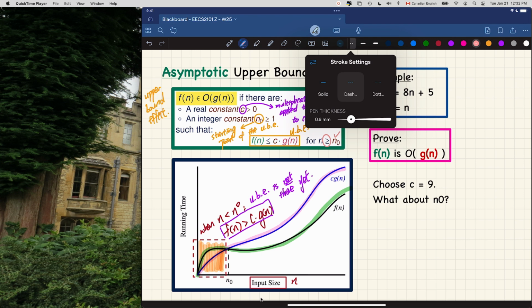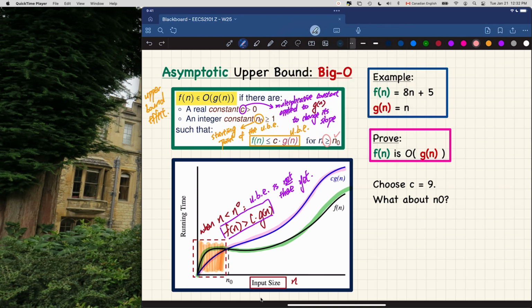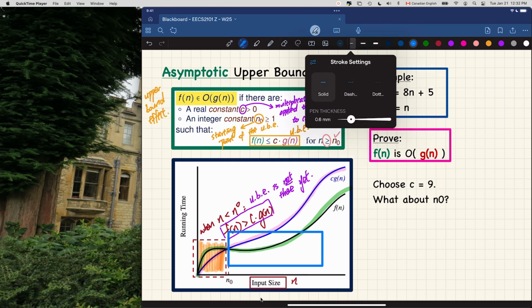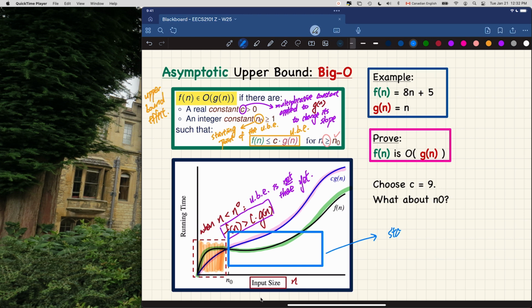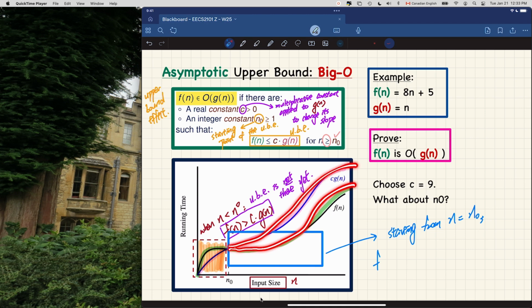So now if you look at starting from n0 over here, I can write: starting from n equals n0, you can see here f of n is less than c times g of n.